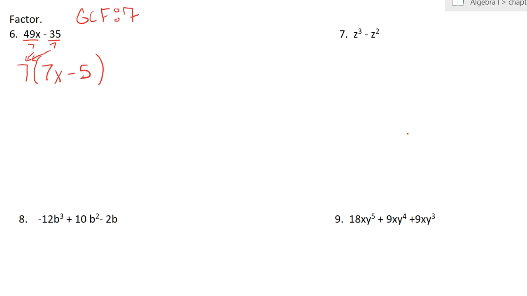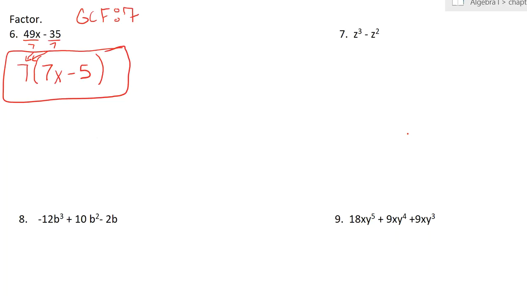And in later sections, you'll see if you can factor that. But for right now, that's all we can do. So this is how we factor with the GCF. You'll notice that if you were to distribute this 7 to each of the terms, you would end up with the same result we started with, 49x minus 35.